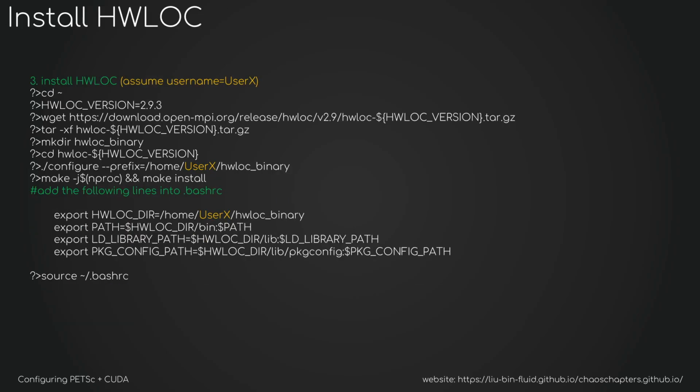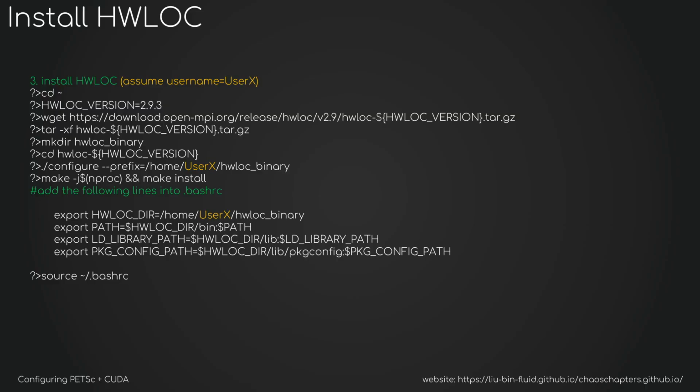Besides GDRCopy and UCX packages, hwloc, the hardware locality library, is also an important library to give MPI and UCX precise hardware topology awareness, which is critical for binding CPU threads and GPU to minimize latency and maximize bandwidth.